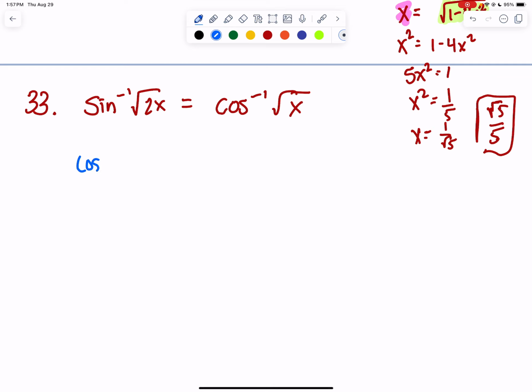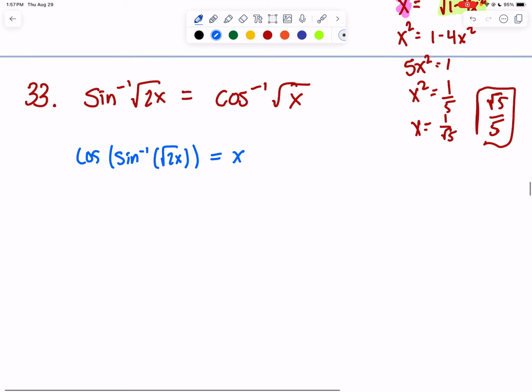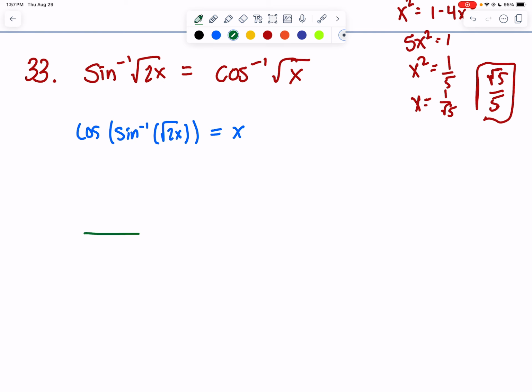Now, if you want to sine both sides, that's okay, because honestly, it's going to give you the same answer anyways. But this is just my preference, having the x isolated already. Okay, we're going to make my little triangle. In this case, instead of 2x, I have square root of 2x, or sine. And this is 1, remember.